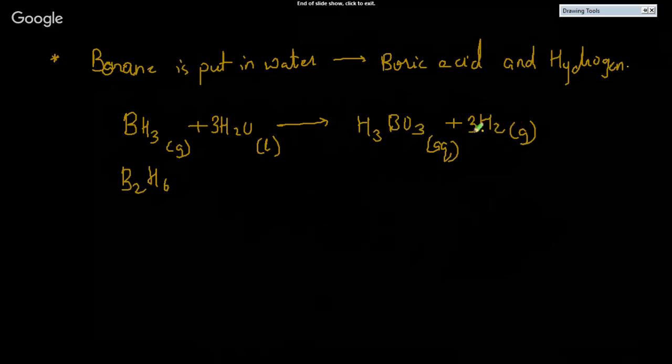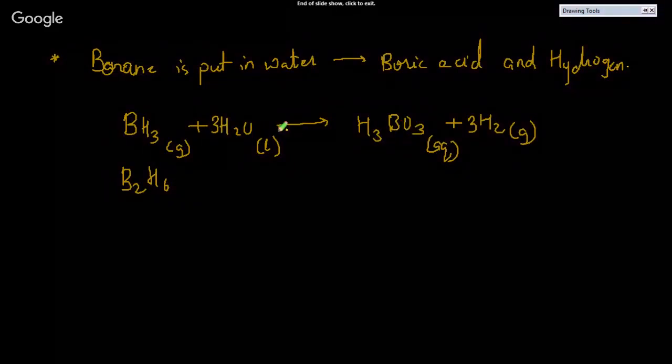Now this is 6 H2, 3 oxygens are balanced, boron is balanced. So this is 6 plus 3, 9, there is another 6 plus 3, 9, and everything seems to be balanced now. So borane is BH3, this is water, this is H3BO3, which is boric acid, and H2, which is hydrogen.